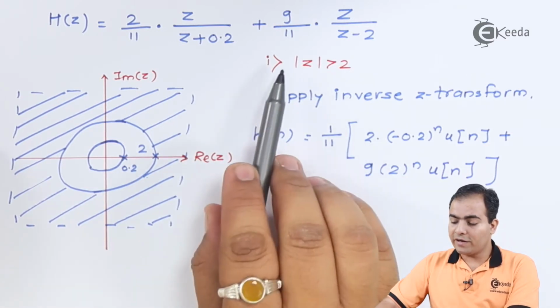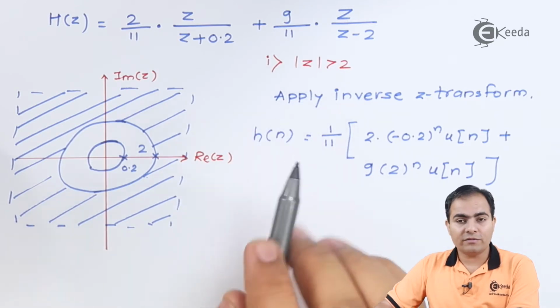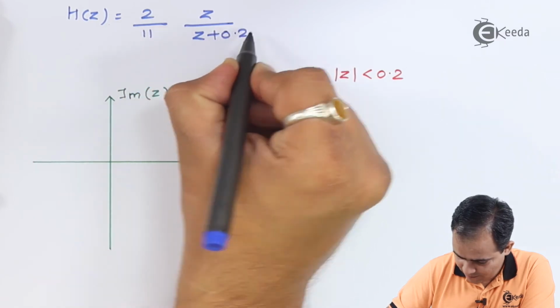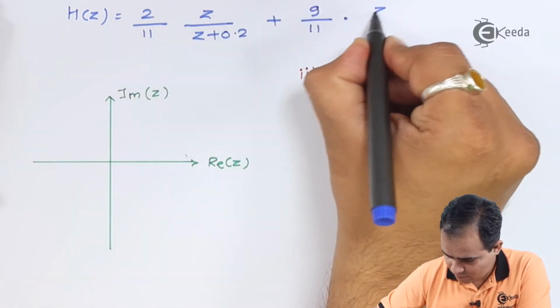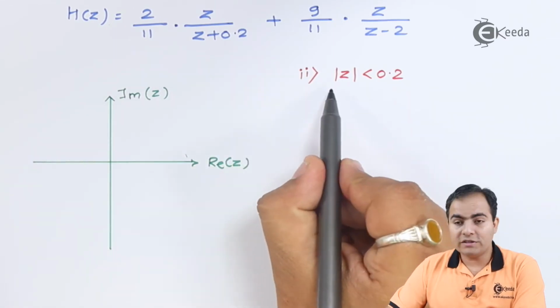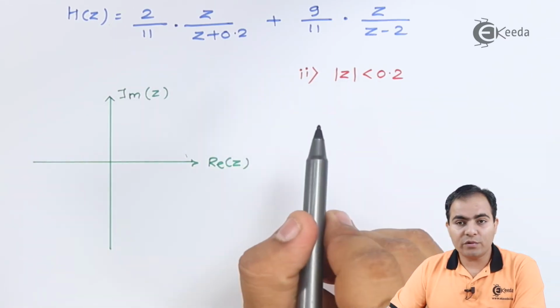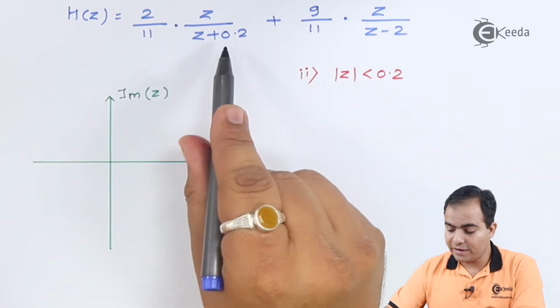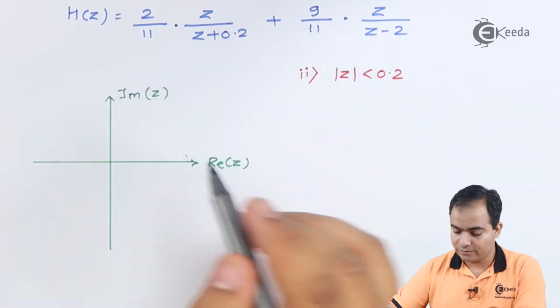Now similarly we'll find the second ROC value. Here the ROC is mod z less than 0.2. So first of all we'll draw the two circles having radius 0.2 and 2.